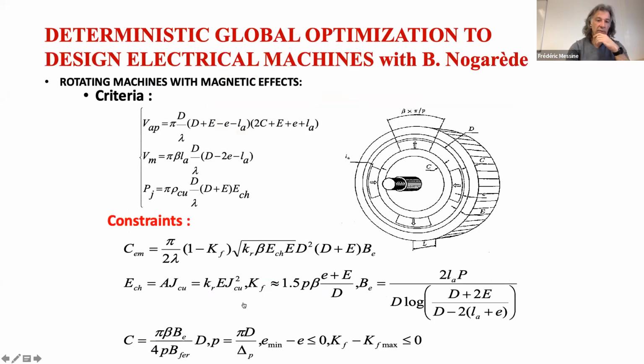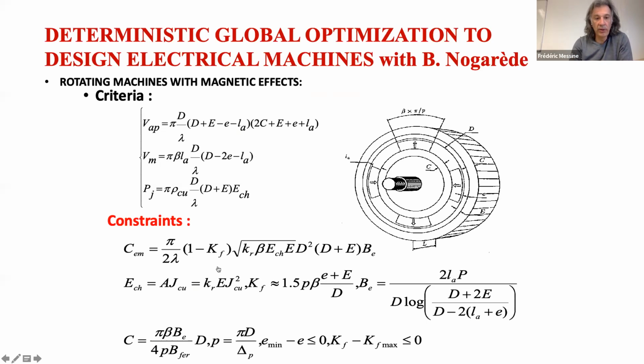So if you have analytical models, for me, as a mathematician, you have to minimize, for example, the volume of some parts of the motors, for example, the volume of the magnets here, and also the Joule losses. You have other equations.